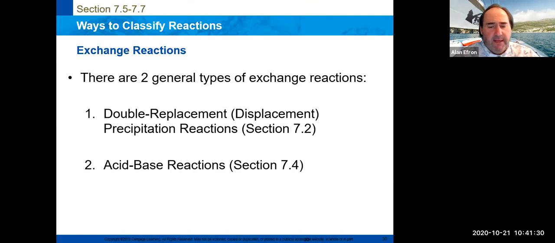As I mentioned, double displacement reactions are also sometimes called precipitation reactions. And that's a way that we can classify this type of reaction. What makes it a precipitation reaction is you have the exact same reaction that we just talked about happening.